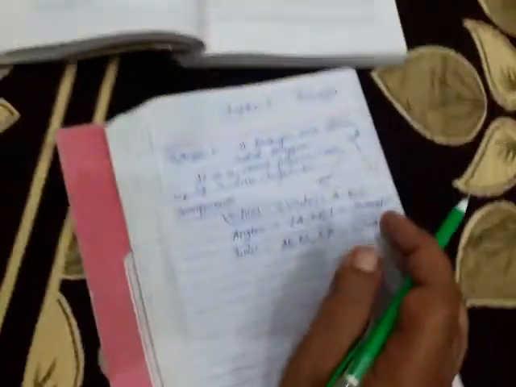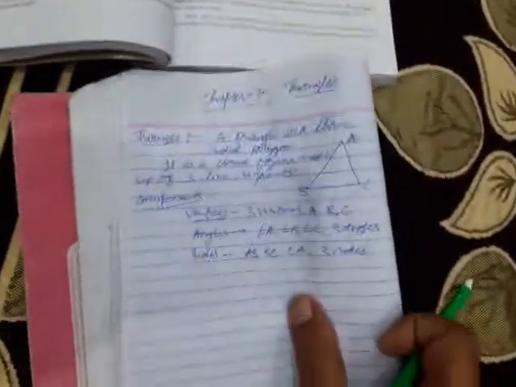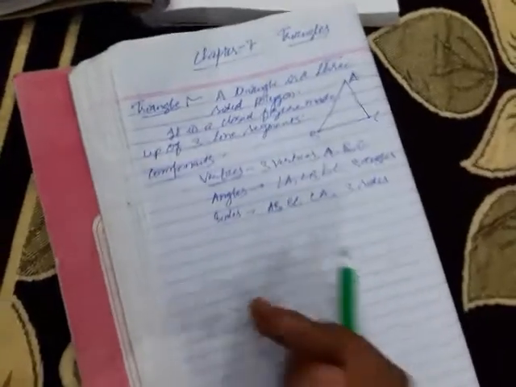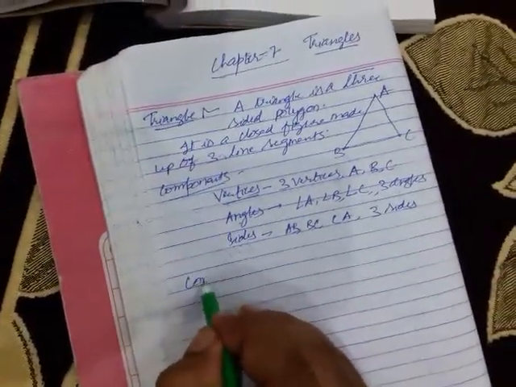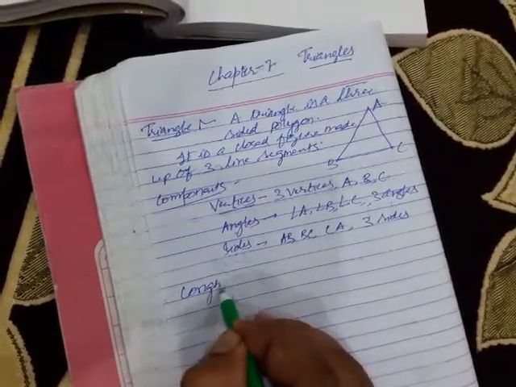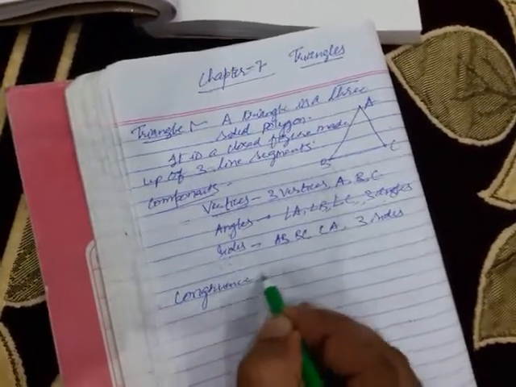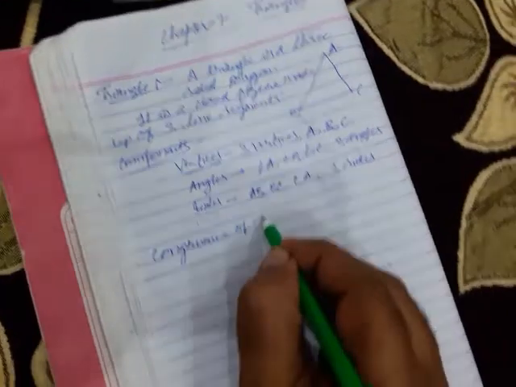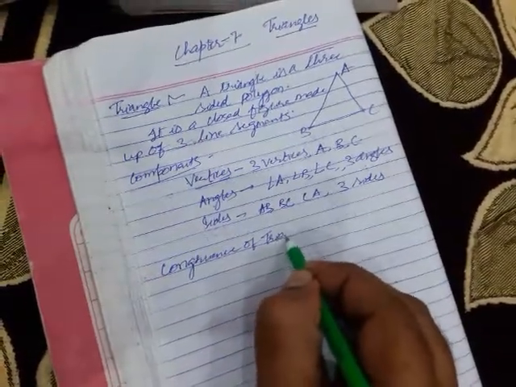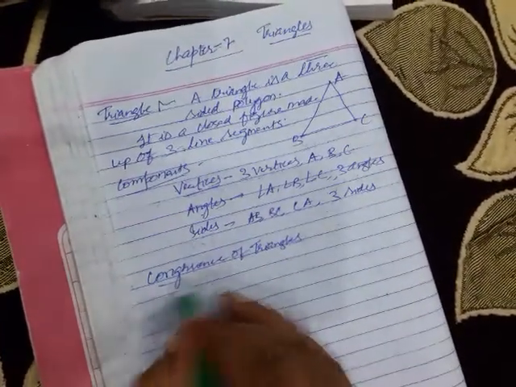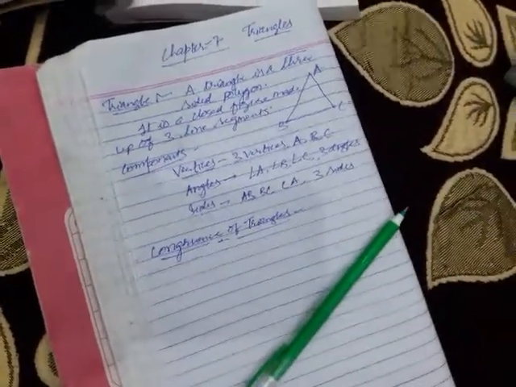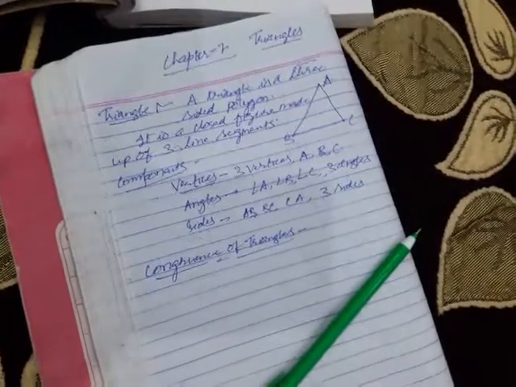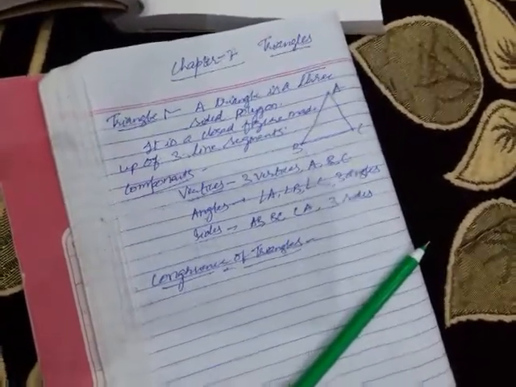Okay children, now a new concept is there, that is congruence of triangles. See children, one triangle cannot be congruent, therefore for congruence at least two triangles are needed.